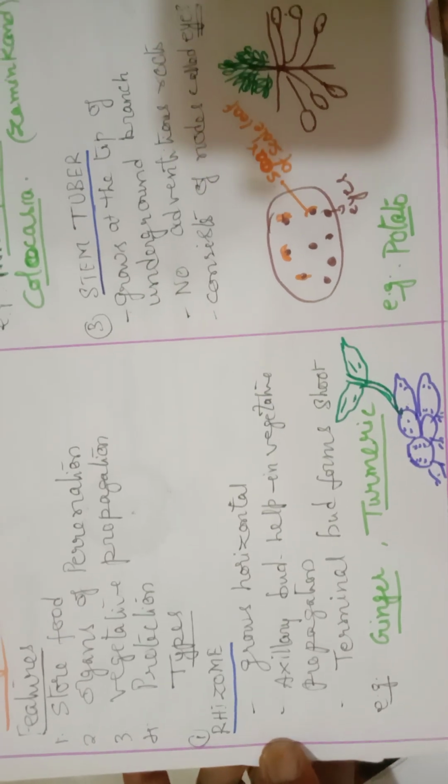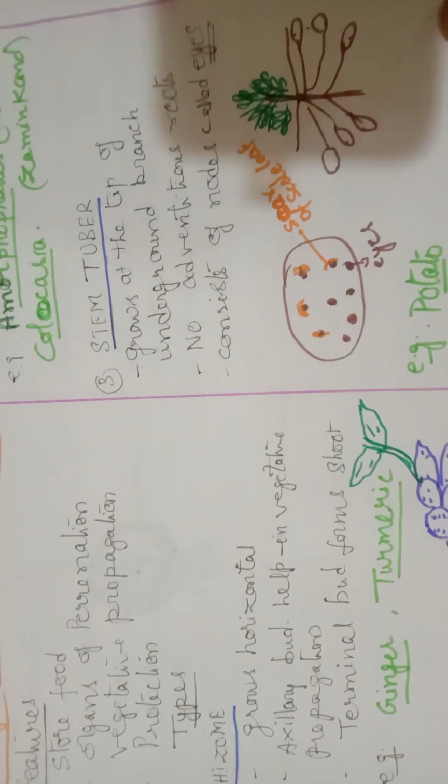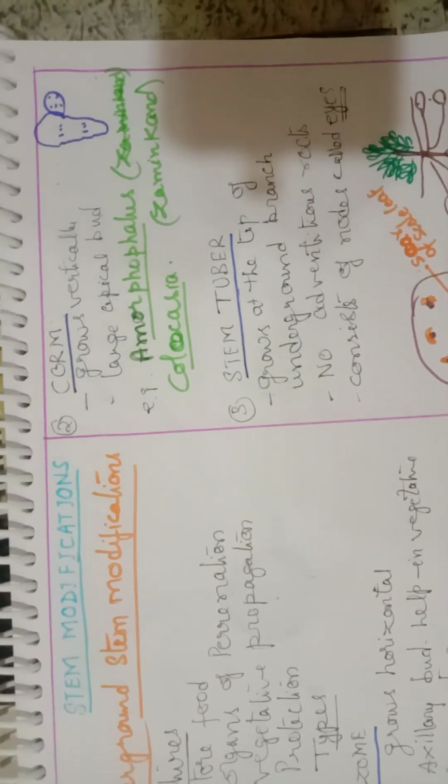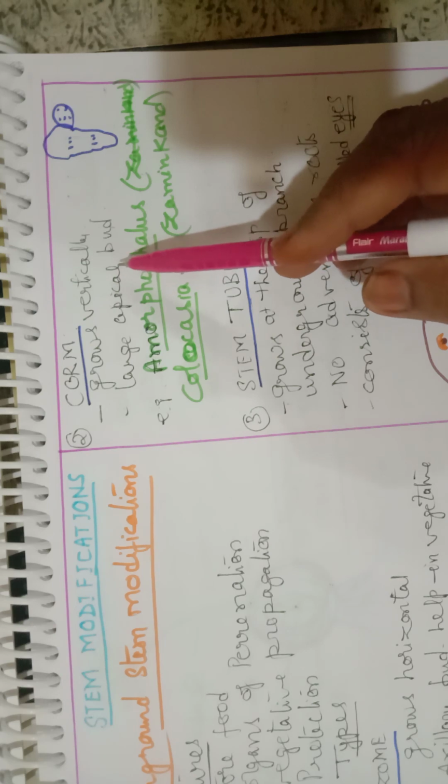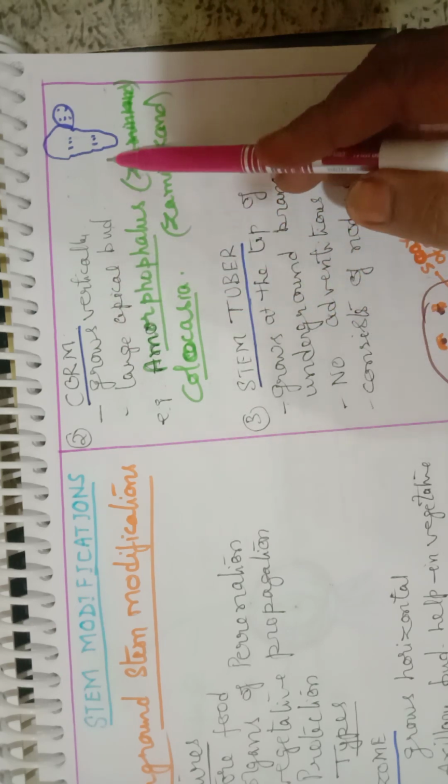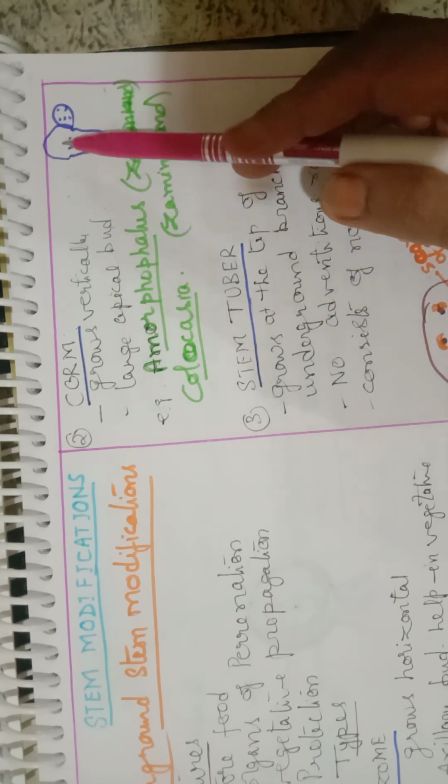Now let's go to the second underground modification, that is corm. The main difference between rhizome and corm is that corm grows vertically into the soil and it has a large apical bud.